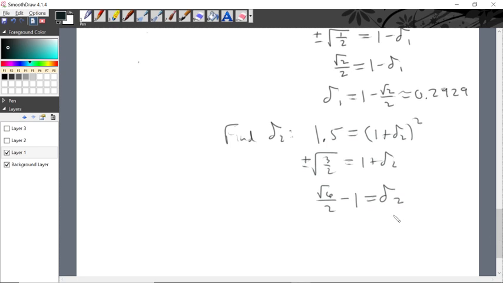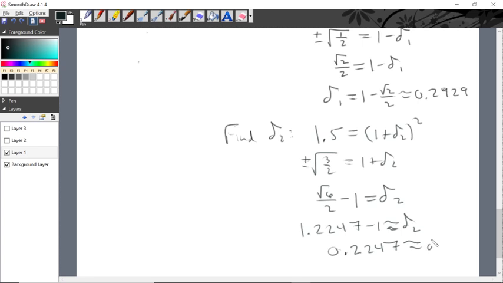So let's find out what that is. Root 6 over 2 is approximately 1.2247. So subtract 1 from that, and we get an approximation for delta 2, 0.2247. So that's approximately what delta 2 is.